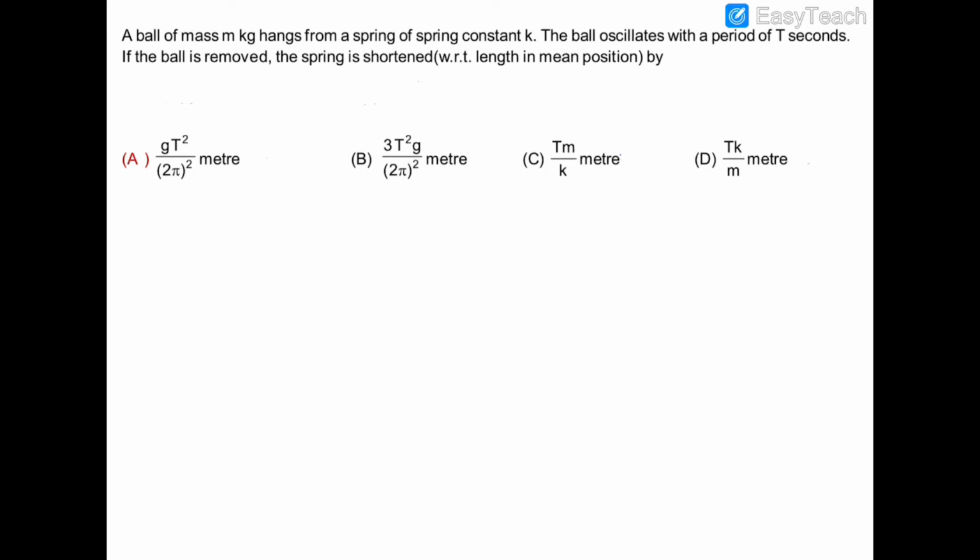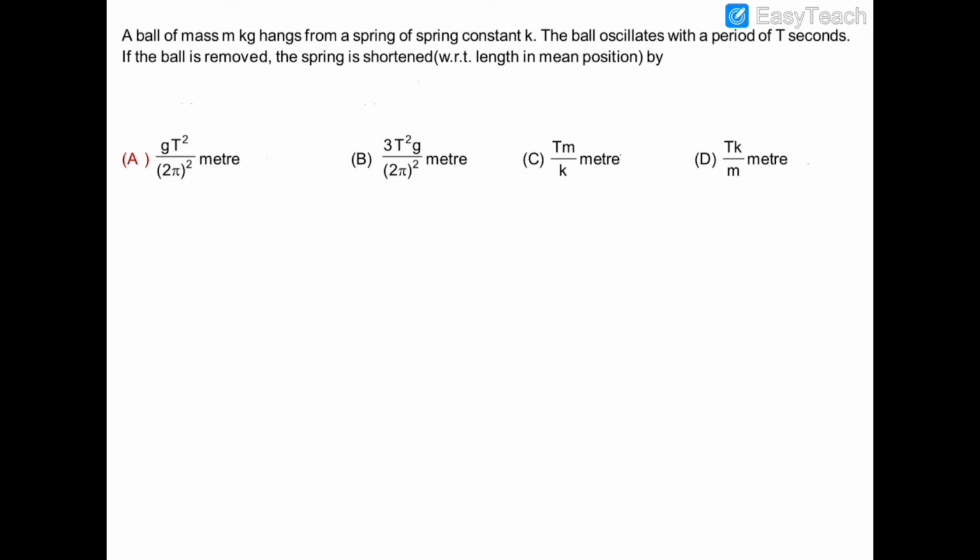In this question, there is a ball of mass m which hangs from a spring of spring constant k. The ball oscillates with a time period of t seconds. Now if the ball is removed and the spring is shortened, we have to find the length by which the spring will be shortened.